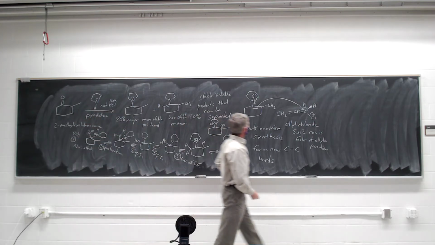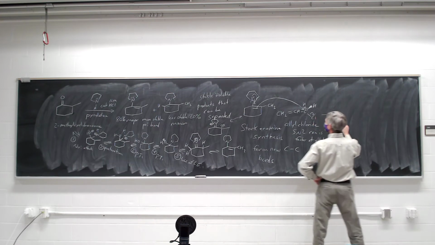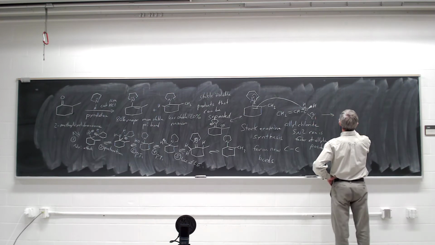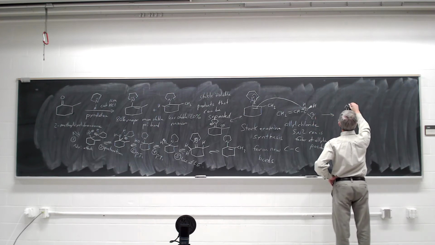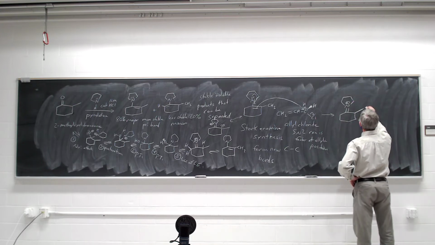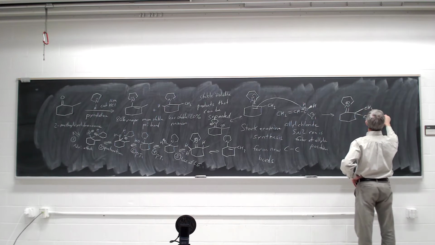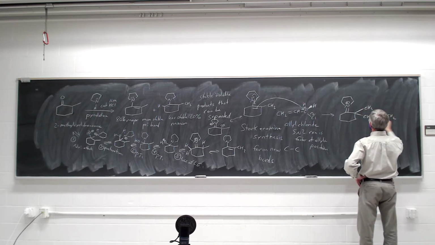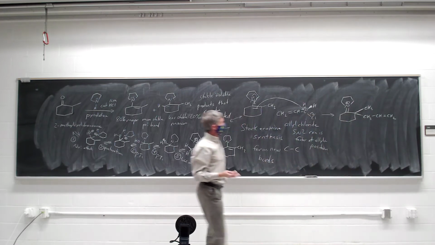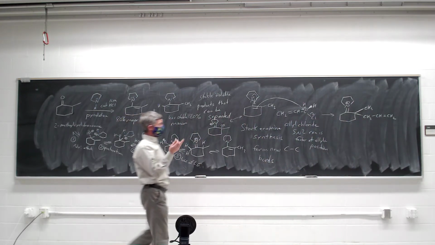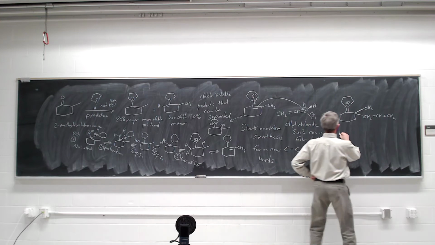So we can form a new carbon-carbon bond. We'll have our CH3 group, but now we put an allyl group in that alpha position. So this is a reaction at the alpha carbon.